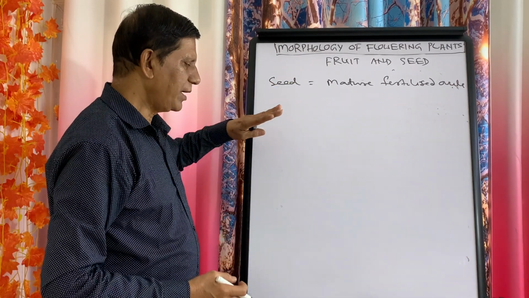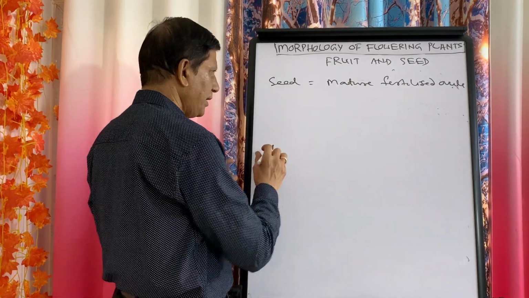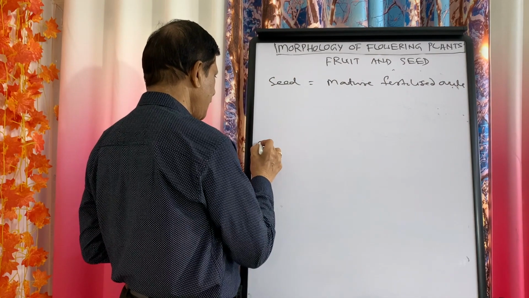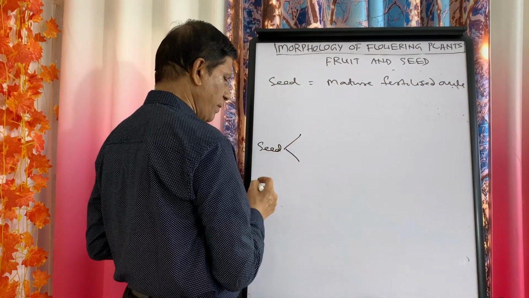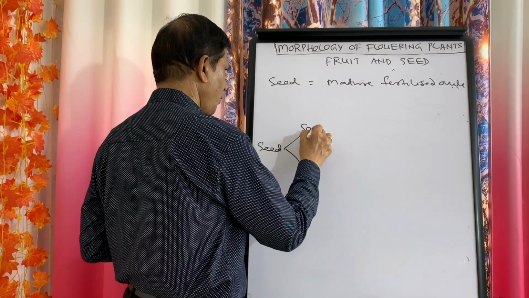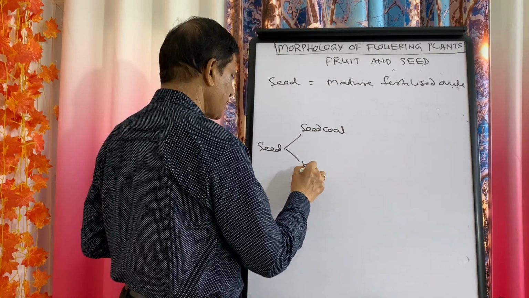So what are the different parts of this seed? If we give it a schematic representation, the seed has two parts. It has a seed coat, and the remaining part is known as kernel.